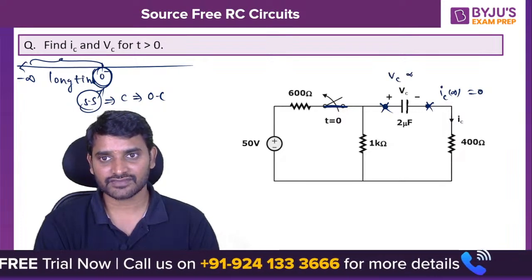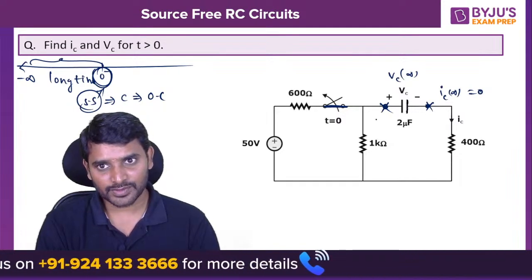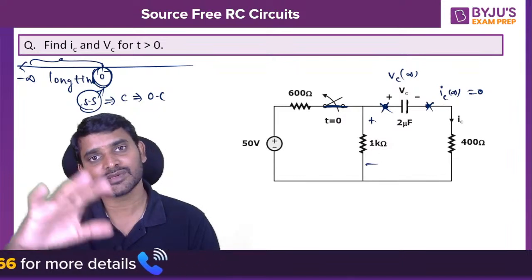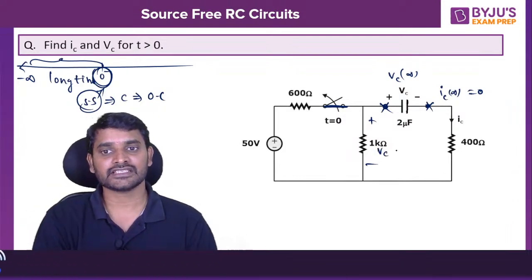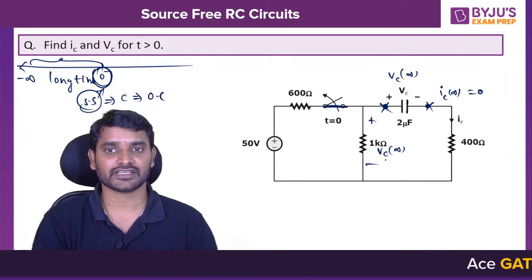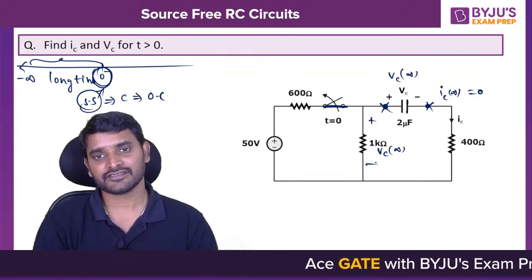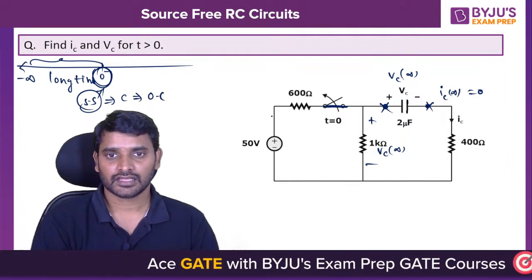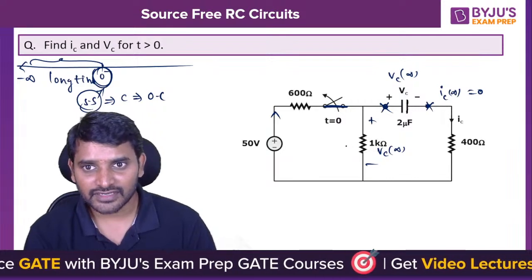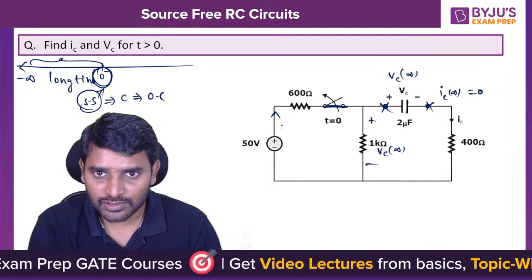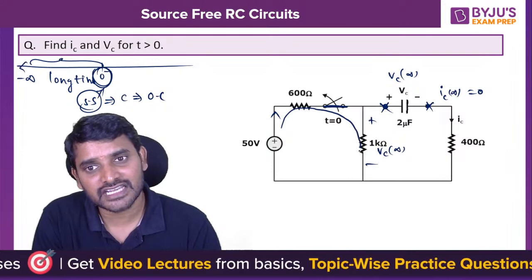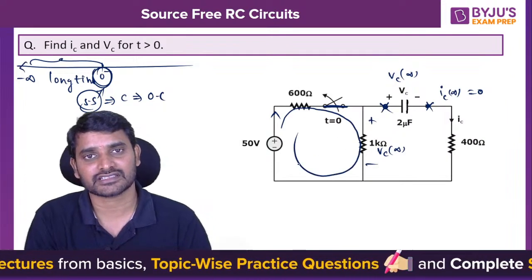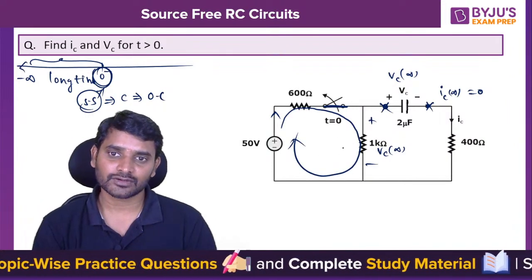Now what is VC of infinity? In the open circuit, the voltage across the 1 kilo ohm will be the VC of infinity. Can you tell me what is VC of infinity? If you want to find VC of infinity, use the voltage division rule, because this 50 volts source will drive the current through the 600 ohm resistance and 1 kilo ohm resistance, and therefore you will get a voltage drop here.